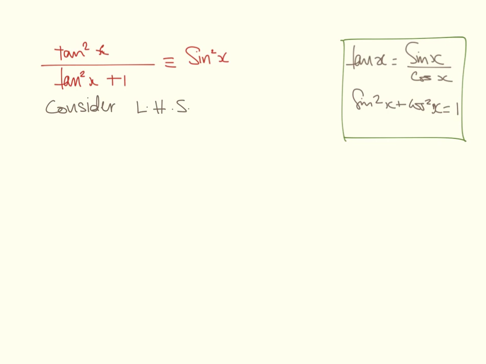Okay, so we're working from the left going to the right, where we've got tan square x on top of tan square x plus 1. And we're trying to get sine square x as our answer. Now, the fact that I've got sine square x as my answer means that I need to get rid of all these tans.